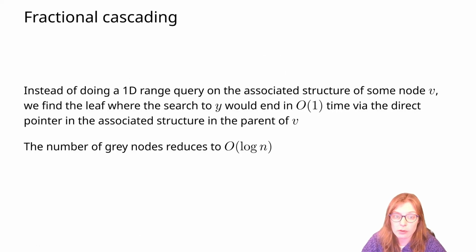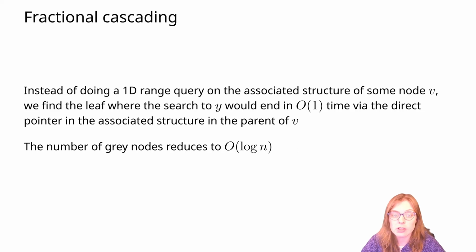So, instead of doing a 1D range query on the associated structure of the highest black nodes V in the main tree, we will find the position of the first point with the minimum y coordinate that fits into the range that needs to be reported, and then we will traverse this list linearly and report each point that fits into the range.